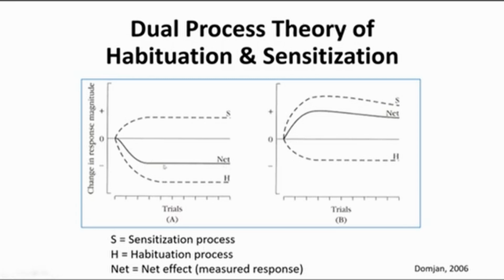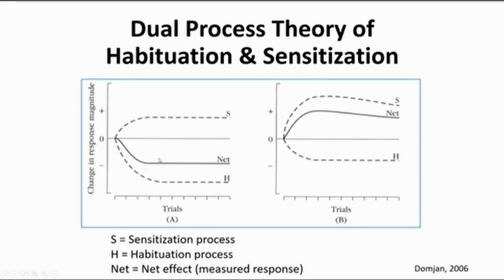However, this net decrease is actually driven by a little bit of sensitization process up top here and a lot of habituation process down here. And if we add them together, lots of decrease and only a little bit of increase leads to a lesser magnitude decrease.